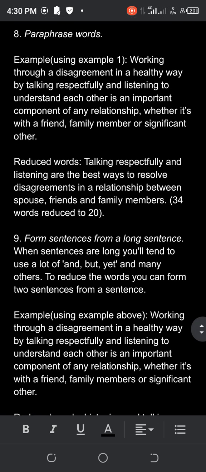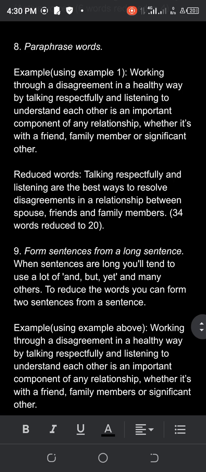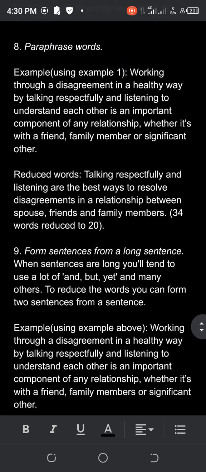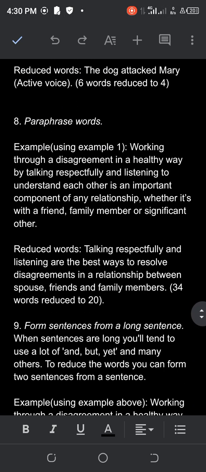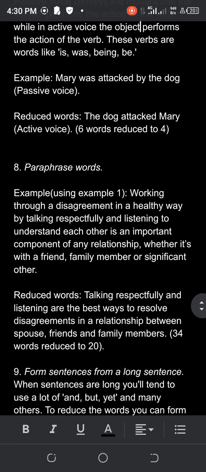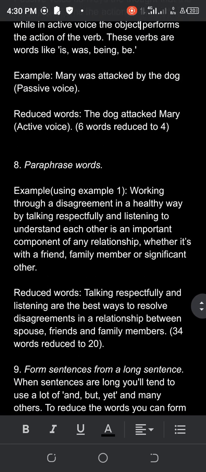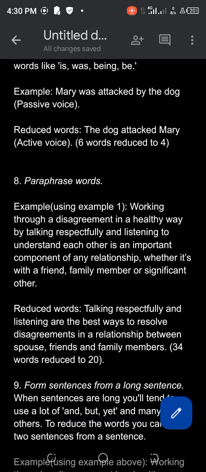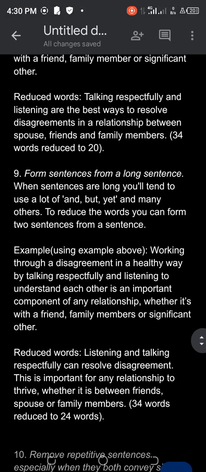You see, the words have been paraphrased and reduced from 34 words to 20 words. So that's the 8th tip that helped me to write my essay, and I really excelled in that essay. So let's go to the 9th tip.